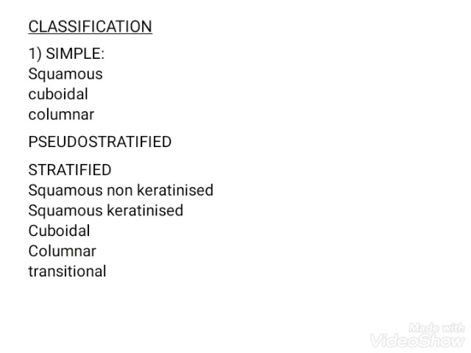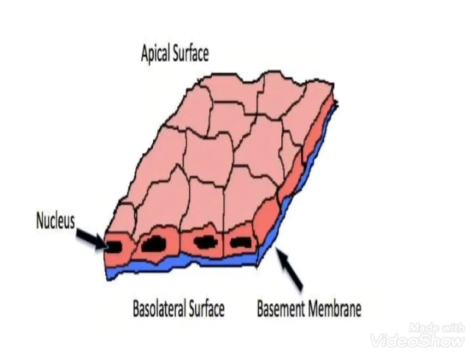Now let's talk about the simple squamous epithelium. Simple squamous epithelium is composed of a single layer of flattened cells. These cells have a thin layer of cytoplasm stained with eosin.